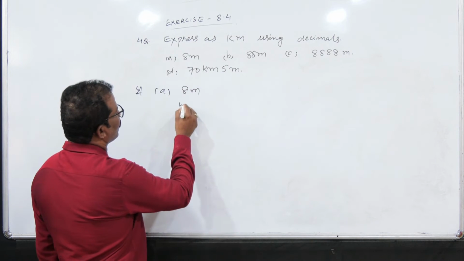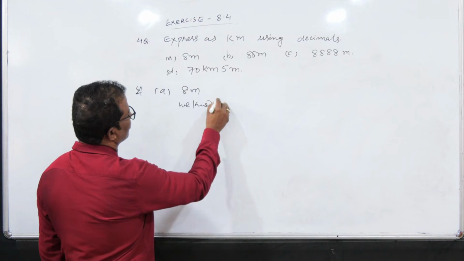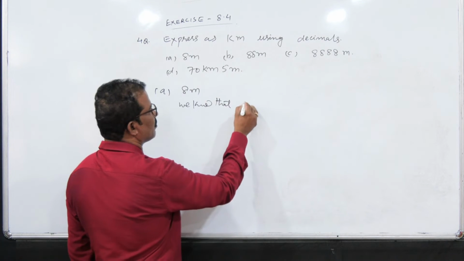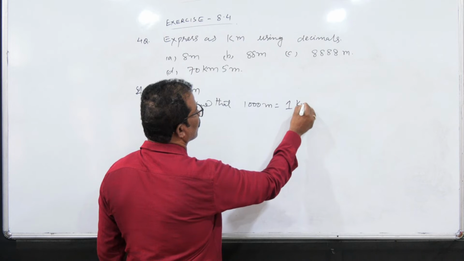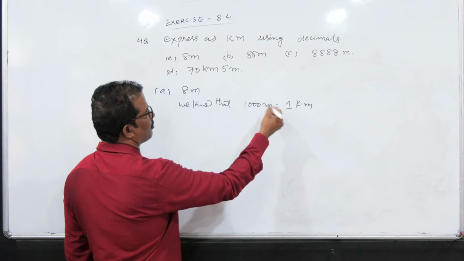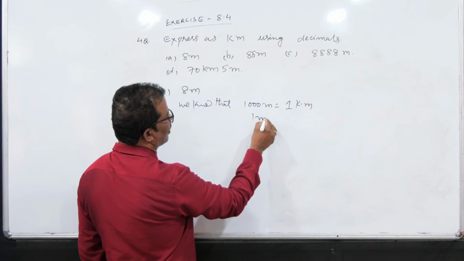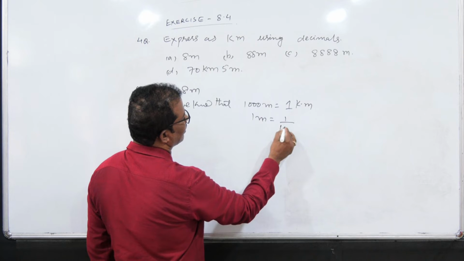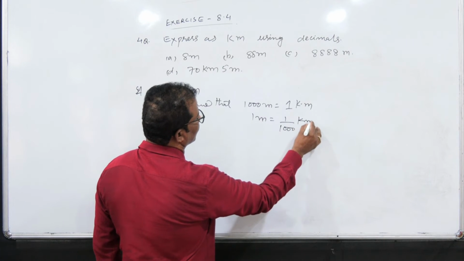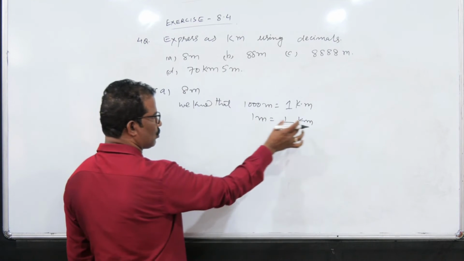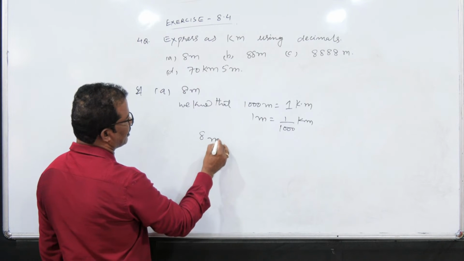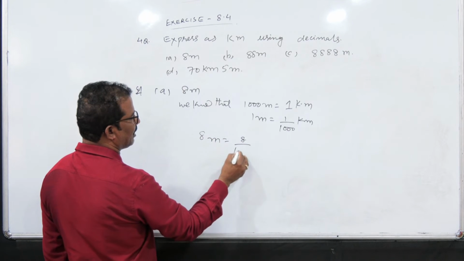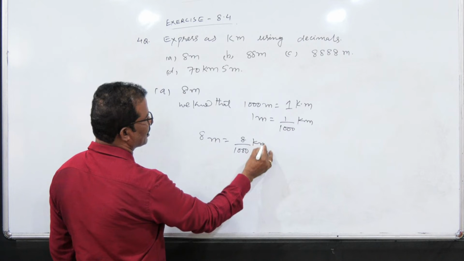For this, what do we know? 1000 meters is equal to how much? 1 kilometer. 1000 meters is equal to 1 kilometer, and 1 meter is equal to 1 by 1000 kilometer. So to convert meter into kilometer, we have to divide by 1000. So now this 8 meter will be equal to 8 by 1000 kilometer.